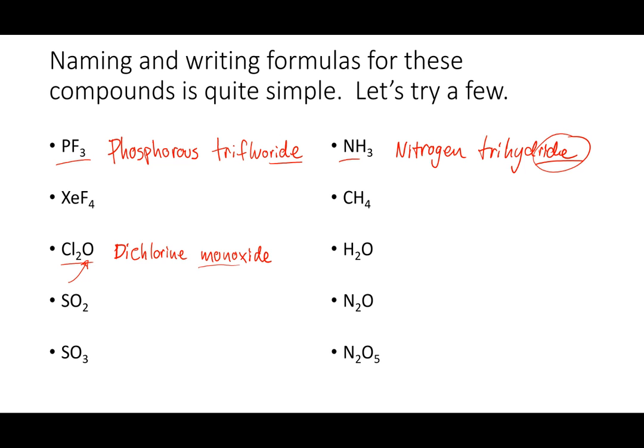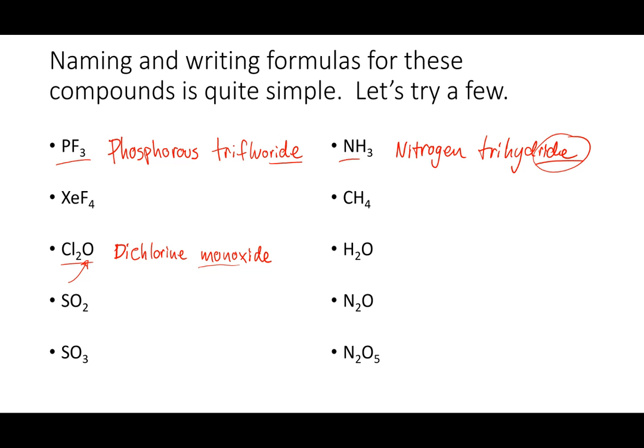The reason it's not monooxide is because that kind of sounds strange, and it creates a diphthong where two vowels are within the same syllable. So you eliminate one of them, and then it's simply dichlorine monoxide.